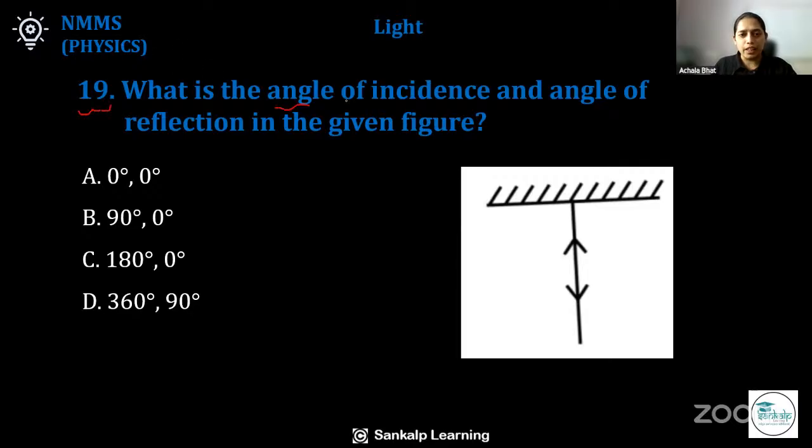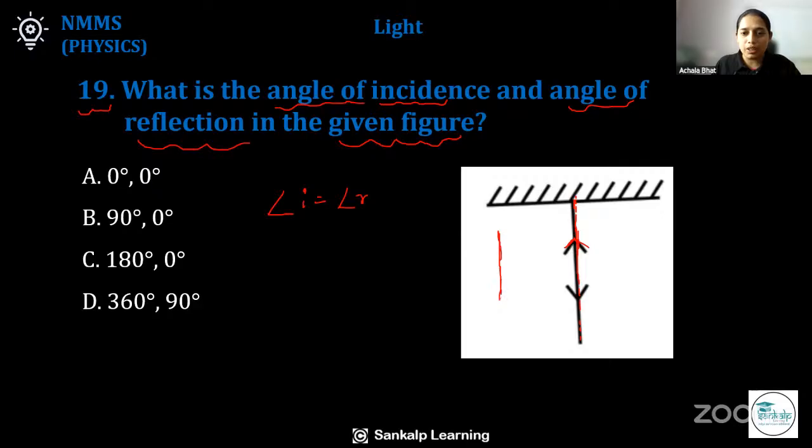What is the angle of incidence and angle of reflection in the given figure? Okay. We know that angle of incidence is equal to angle of reflection. Now, angle of incidence is nothing but the angle between the incident ray and the normal. If you observe this figure, this is the incident ray, coming towards the surface. And this is the normal. This normal and incident ray are coincident lines.